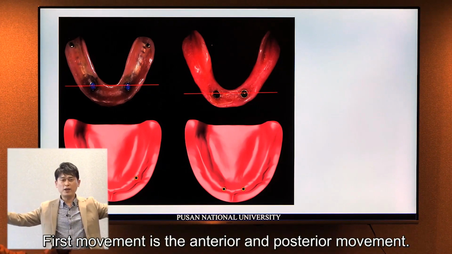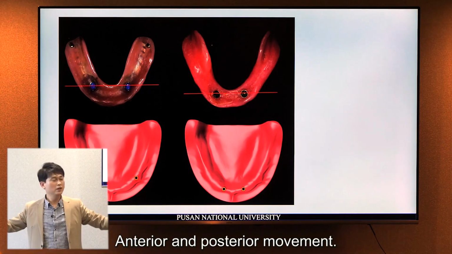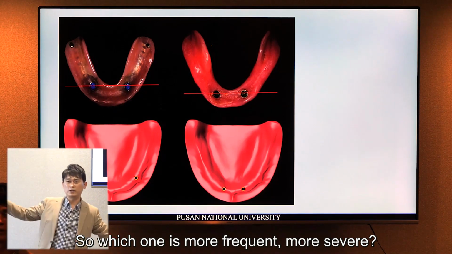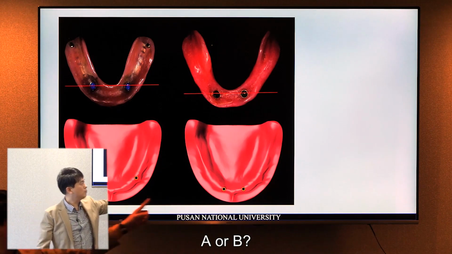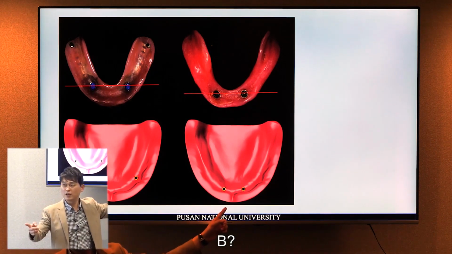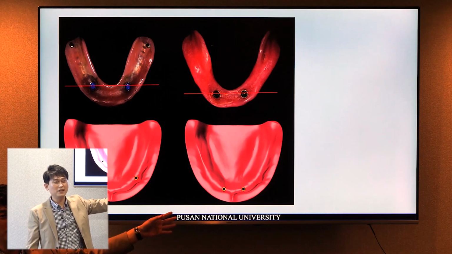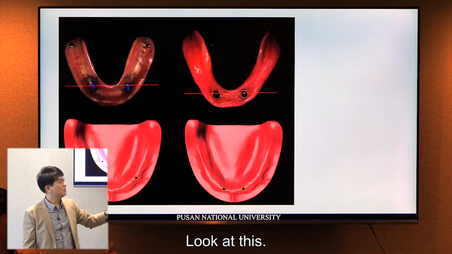The first movement is anterior and posterior movement. Which one is more frequent or more severe in terms of this first movement, A or B? A. Look at this.